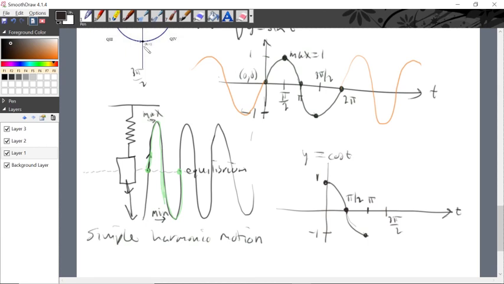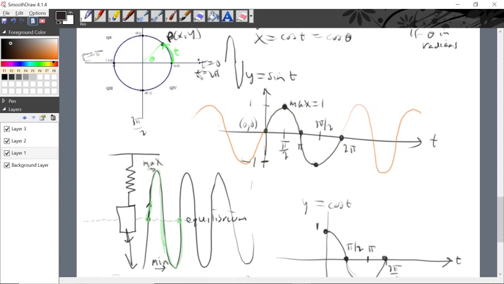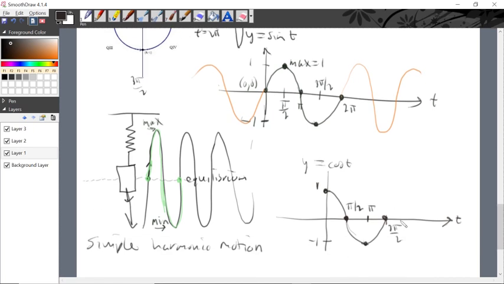The x-coordinate is going back to 0 again, back to equilibrium. So we're here. And as t approaches 2 pi, we're going to get back to the beginning of the cycle again. When t is getting to 2 pi, the x-coordinate here is 1. So the cosine of 2 pi is equal to 1. So we're going to complete the cycle and get back to the maximum again.